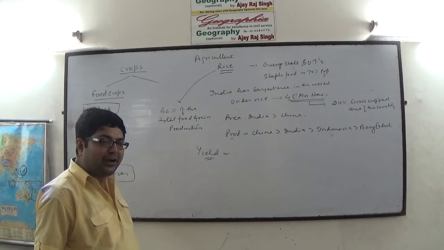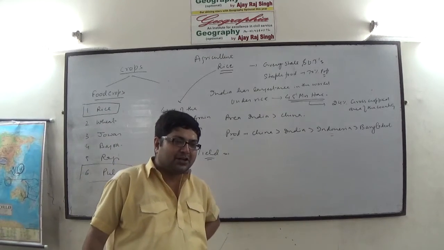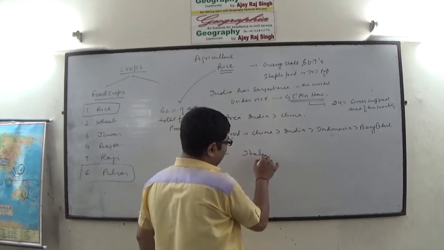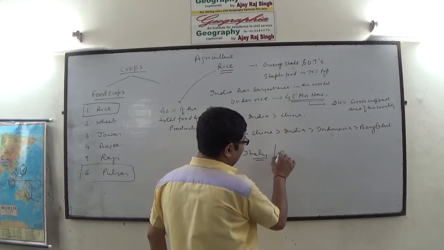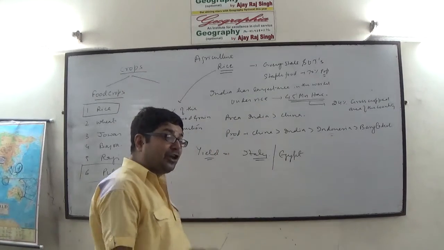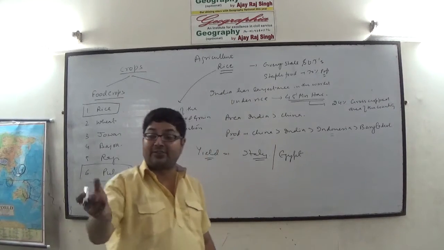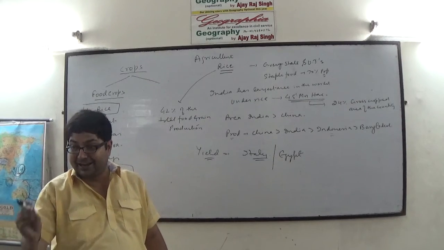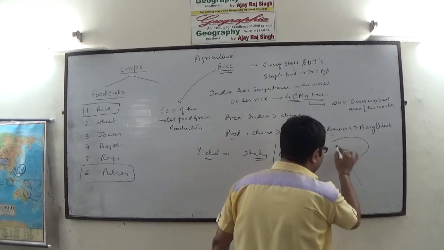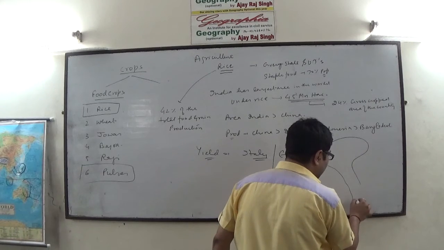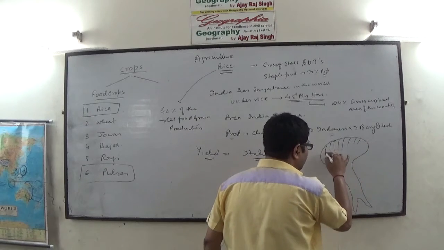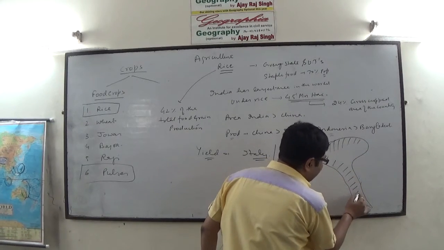In terms of yield, you will be surprised to know, Italy has the highest yield, and at times Egypt. Italy is the only country in Europe where rice is grown. See, this is Italy. This is the southern slopes of the Alps. This is the Pennine Range.